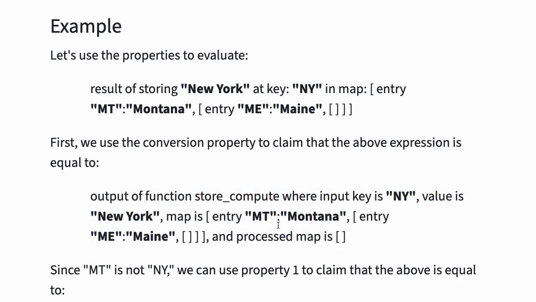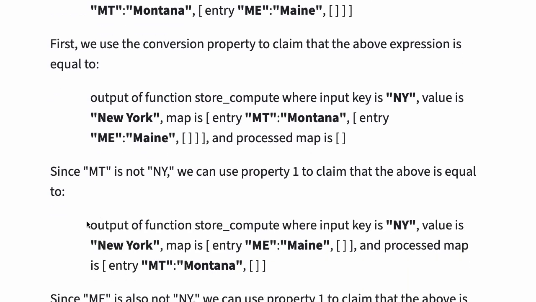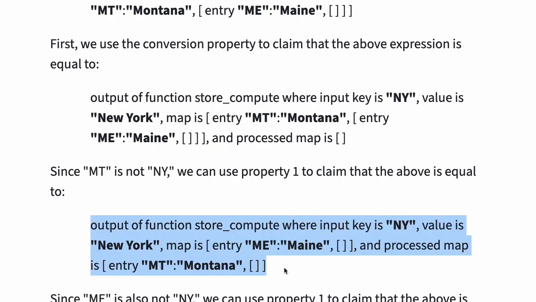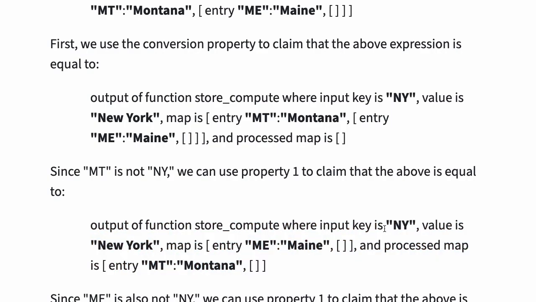Since MT is not NY, we can use property 1 to claim that the above is equal to the output of function store compute, where input key is still NY, value is New York, map is ME Maine, and the processed map is MT Montana. Notice how we move the entry MT Montana to the processed map.